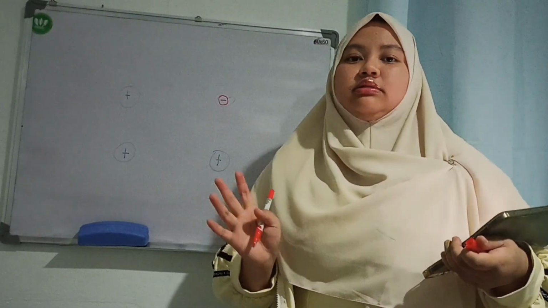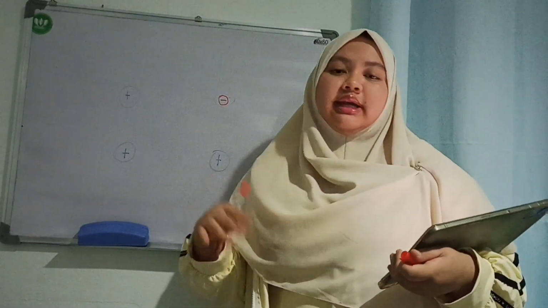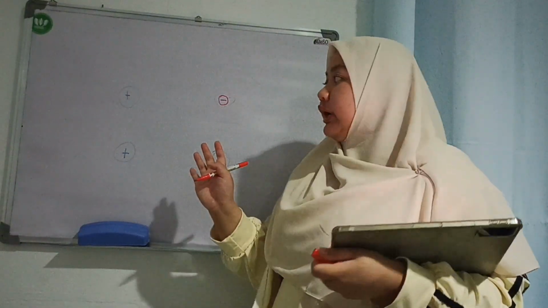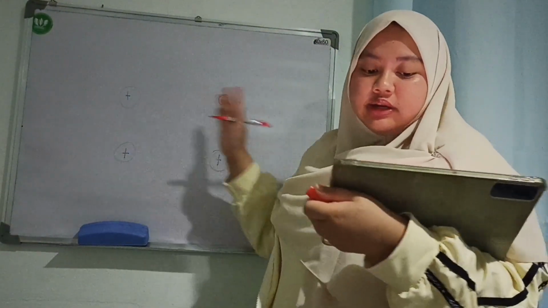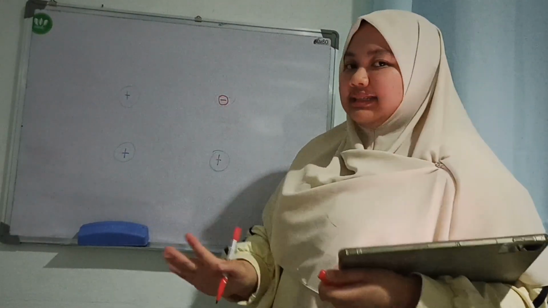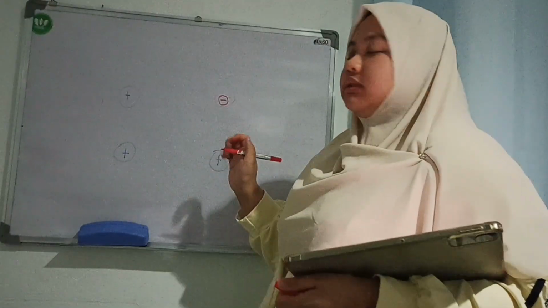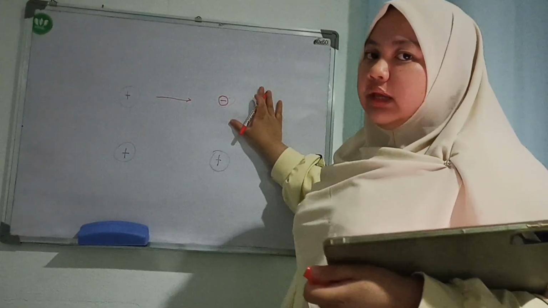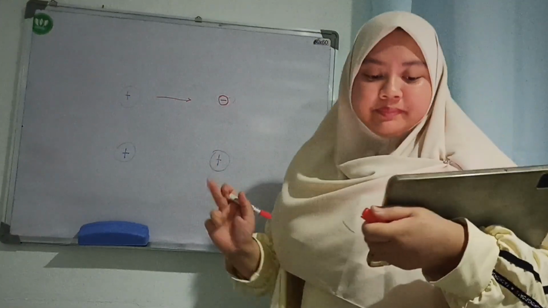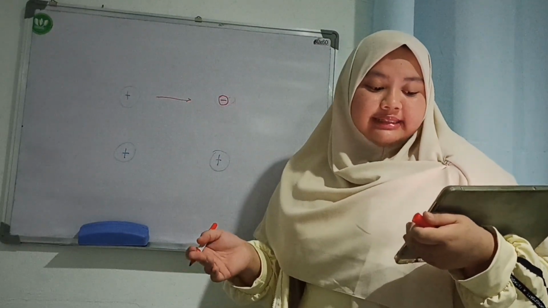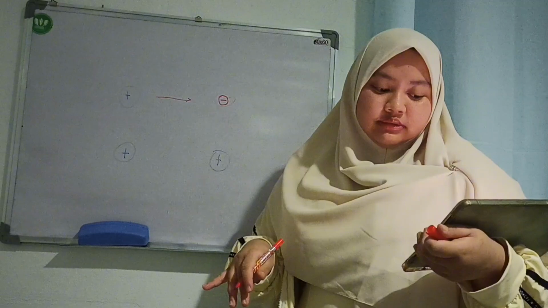Okay, so how do charges respond to electric fields? On the whiteboard, there's a positive charge and there's also a negative charge. For the positive charge, it will accelerate in the direction of the field. So the diagram will be moving towards the negative one, along the field to be exact. While the negative charges will accelerate opposite to the field.